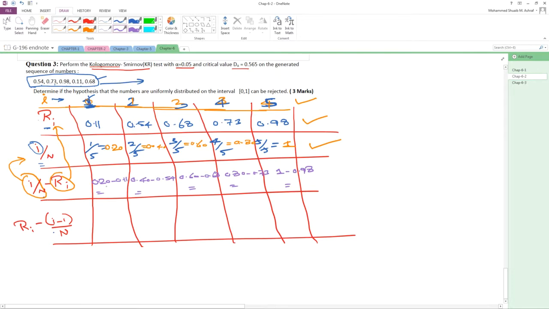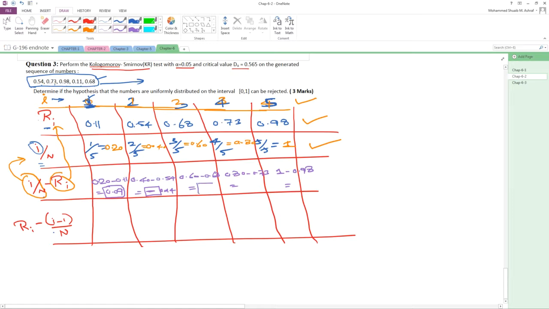Here 0.09. Next, 0.40 minus 0.54 must be minus 0.14.